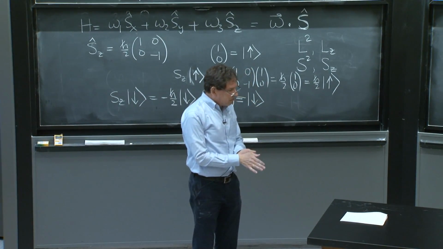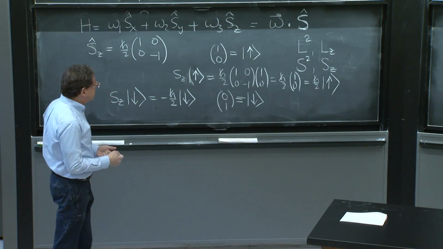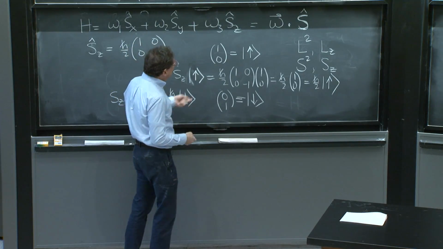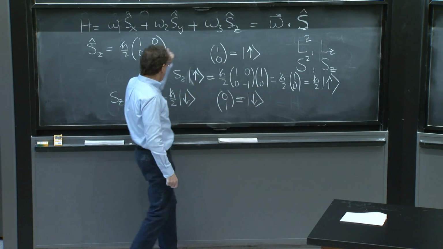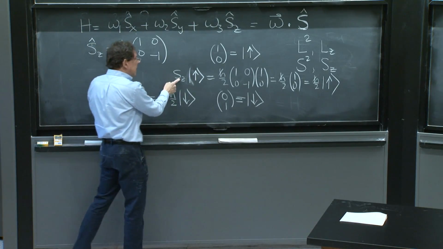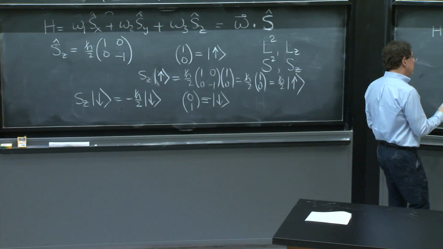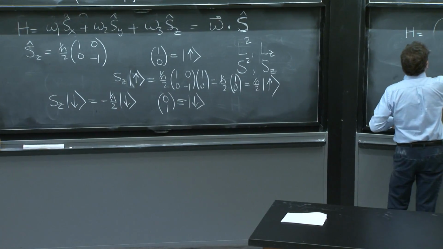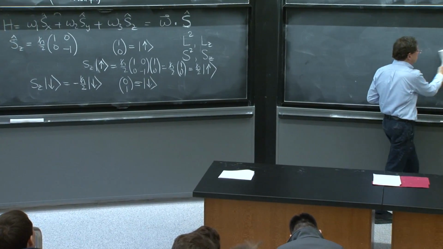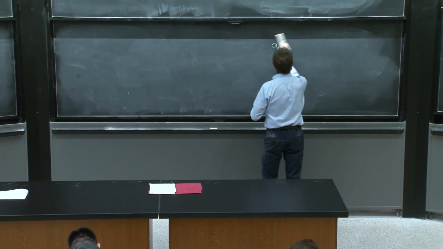So this is actually interesting, but it begs for another question, because we have a good intuition, and this is spin up along the z direction, because it has Sz eigenvalue h over 2. So the last question I want to ask is, how do I get a spin state to point in the x direction or in the y direction?